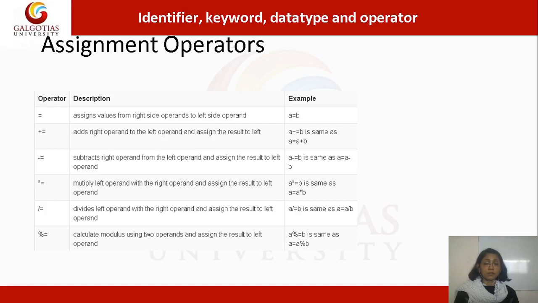Remainder equal to b is a equal to a mod b.